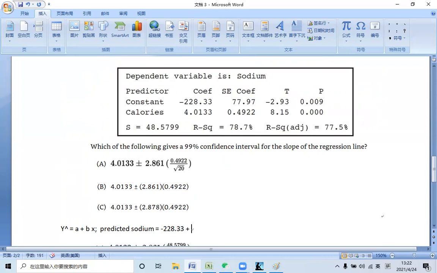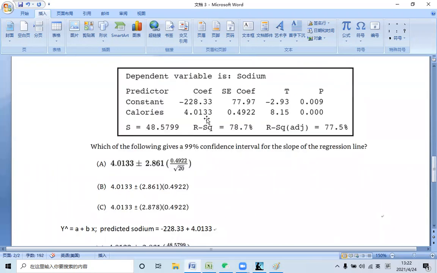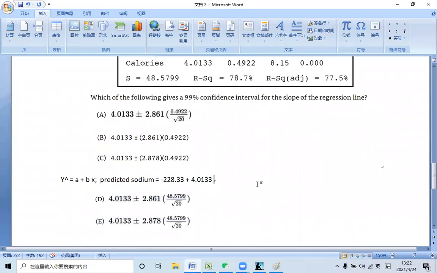Plus, where's b? B here, calories, 4.0133, yeah, times sodium. Sodium is x, sodium level.